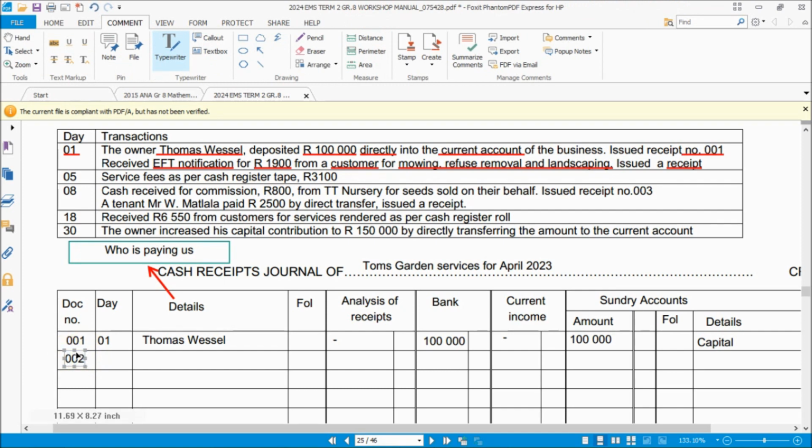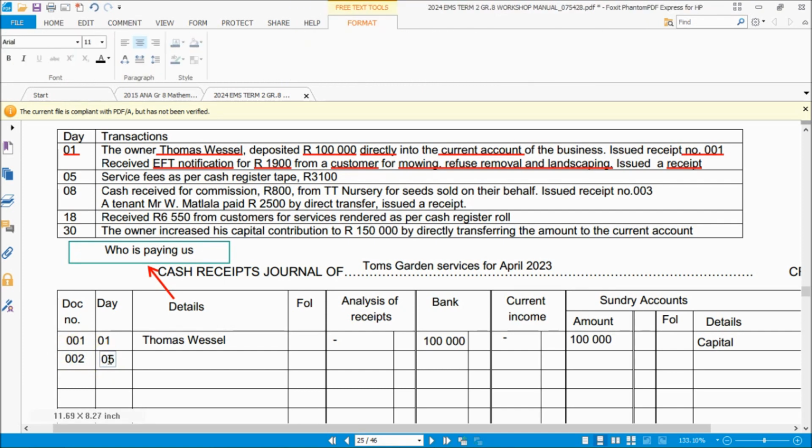The day is 05. Who is paying me? It's a customer. I'm Tom's Garden Services and I've got many customers. I'm not going to write a specific receipt for every single person who's paying me, otherwise that would be a waste of time and a waste of money, because I'm going to be using more ink on the receipt.